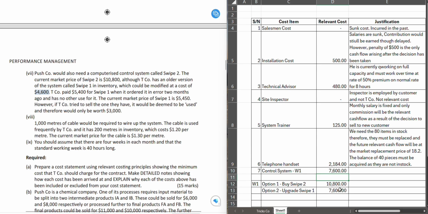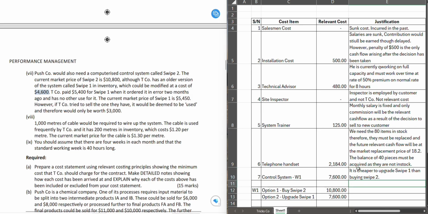And that is pretty easy. All you have to say is, let's put a justification. Yeah, so it is cheaper to upgrade swipe 1 than buying swipe 2. Then how did we arrive at 7,600? Let's put it here.